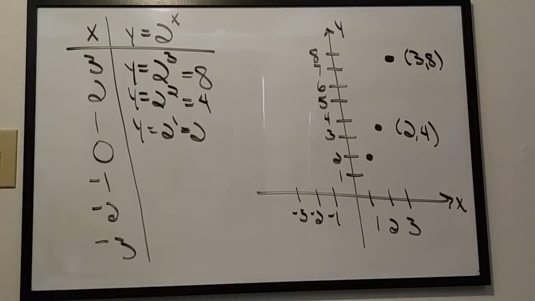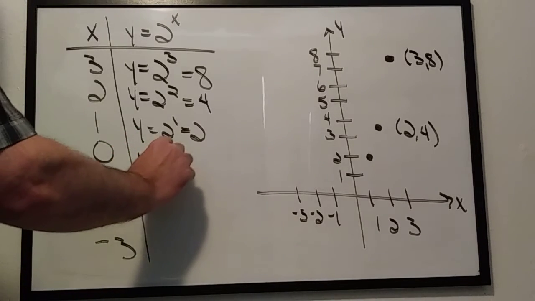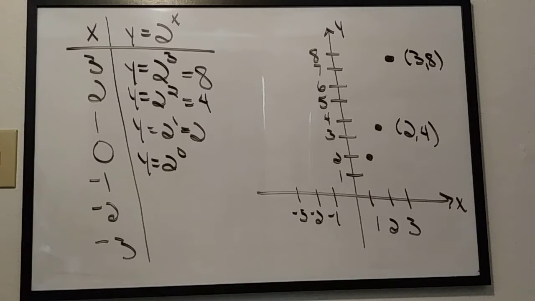Now let's go ahead and review some rules of exponents. The next one we have is 2 to the 0 power. Remember that if you take pretty much anybody to the 0 power, you end up getting a constant back. Sometimes people think about the wrong constant, so you've got to be careful on this. Remember that pretty much anybody, other than 0, to the 0 power is going to give you the constant 1.